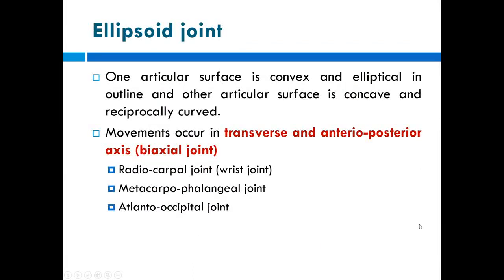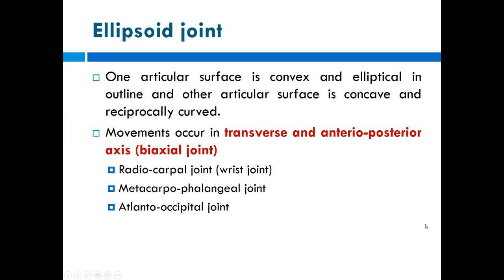Now the ellipsoid joint. One articular surface is convex and elliptical in outline, and the other articular surface is concave and reciprocally curved. Movements occur in the transverse and anteroposterior axes. So the ellipsoid joint uses two axes to do the movements, the transverse axis and the anteroposterior axis.